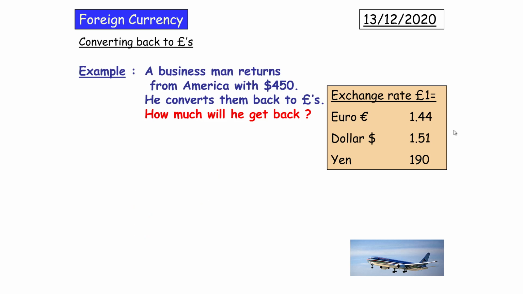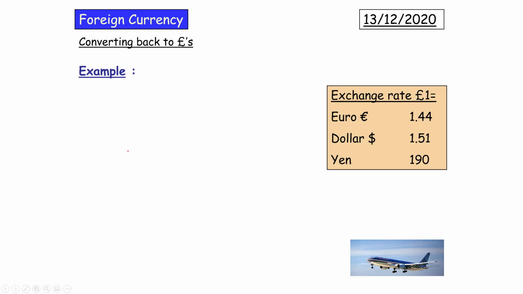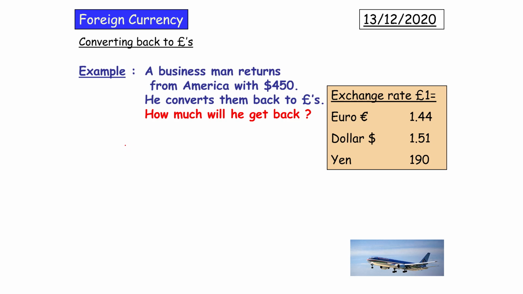Okay, on this question, we've got a businessman returns from America with $450. He converts them back into pounds. How much will he get back? So, let's work out how many. Same thing first. We write our conversion from pounds to dollars.